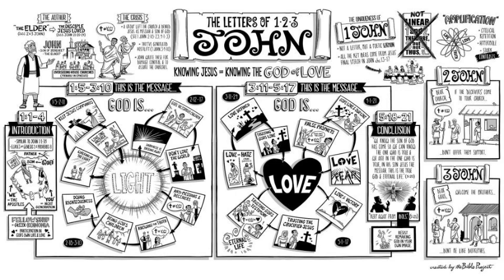Alright, and the background and the setting. 2nd John deals with the same problem as 1st John. False teachers influenced by the beginnings of Gnostic thought were threatening the church, and the strategic difference is that while 1st John has no specific individual or church specified to whom it was addressed, 2nd John actually has a particular local group or house church in mind.